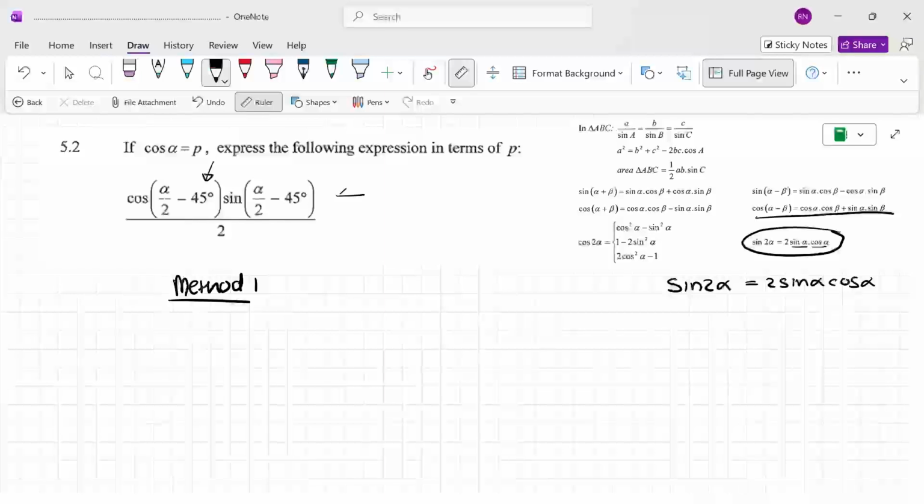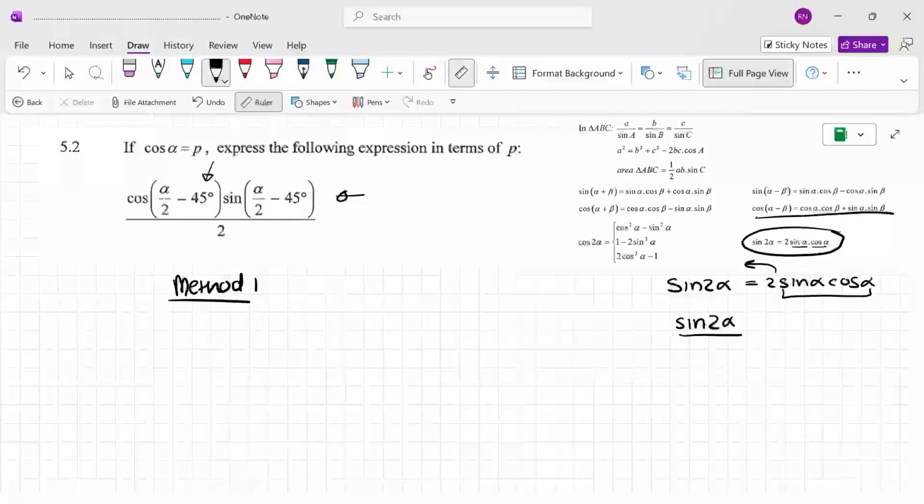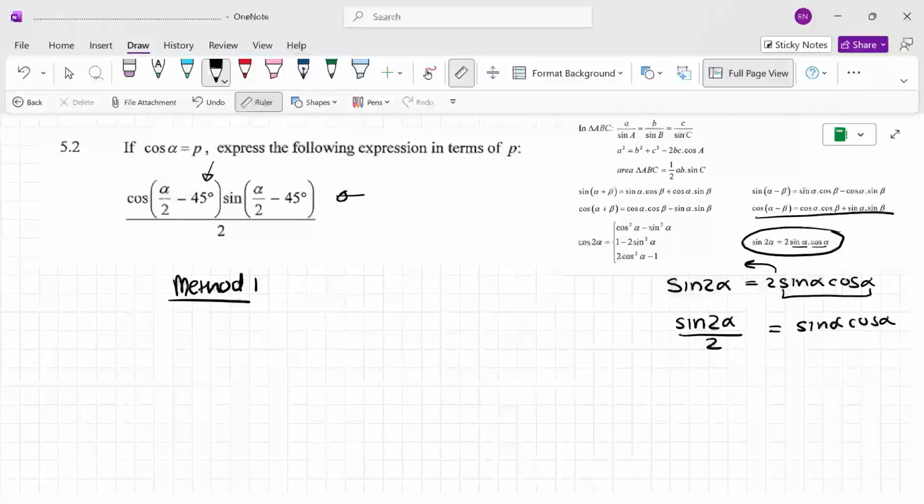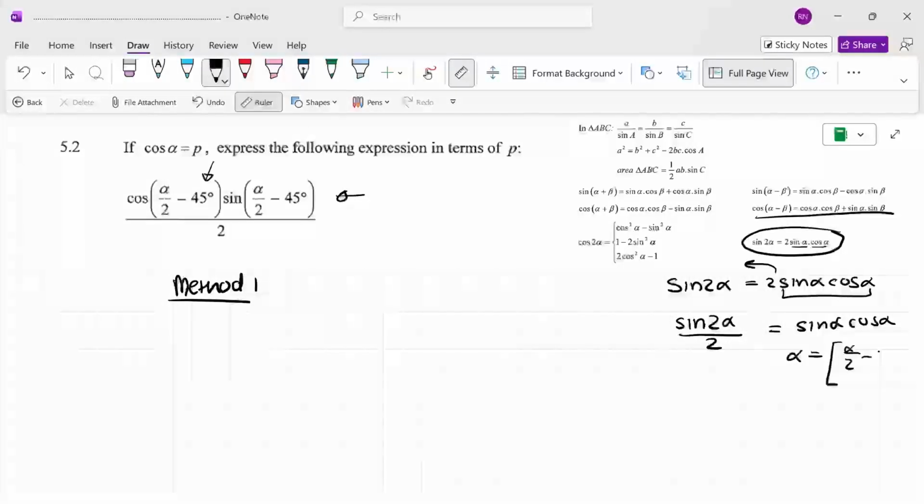Here I have cos alpha, sine alpha, the same thing as this part. So I'm going to move this to that side and say sine 2 alpha over 2 is equal to sine alpha cos alpha, right? This makes it a little bit confusing, but in our case, the alpha here is equal to alpha over 2 minus 45.